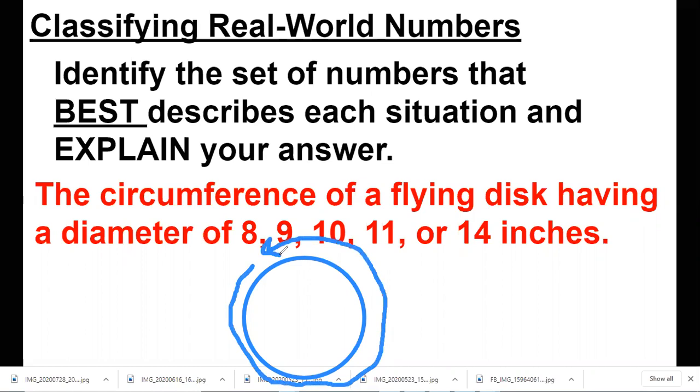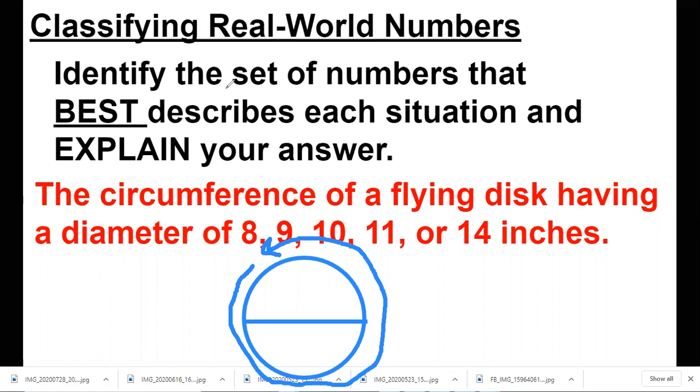They're giving you a choice of 8, 9, 10, 11, or 14-inch diameters. So what would be the best number to explain that?